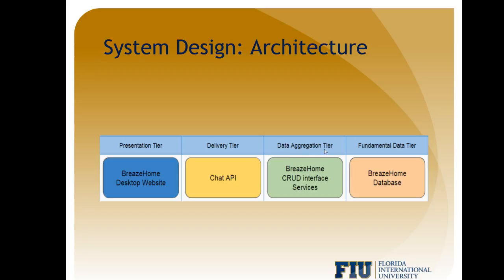And we have the data aggregation tier, which is the BreazeHome CRUD interface services, which stands for create, read, update, and delete. We have used this mostly for reading and creating messages, as well as retrieving the users. And last is connecting to the fundamental data tier, which is the BreazeHome database, for which we have used PostgreSQL.